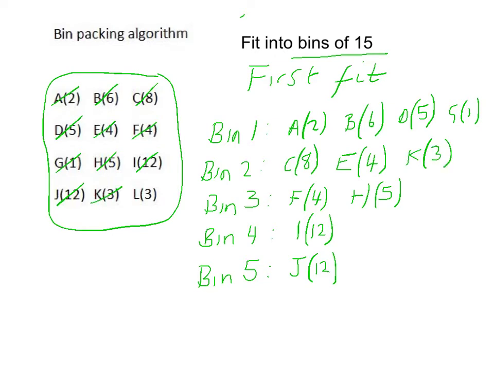So K can go in bin 2, and L can't fit in bin 1, can't fit in bin 2, but it can fit into bin 3 because there's enough space in there. And so we've managed to arrange all our objects using the first fit bin packing algorithm into the 5 bins as shown.